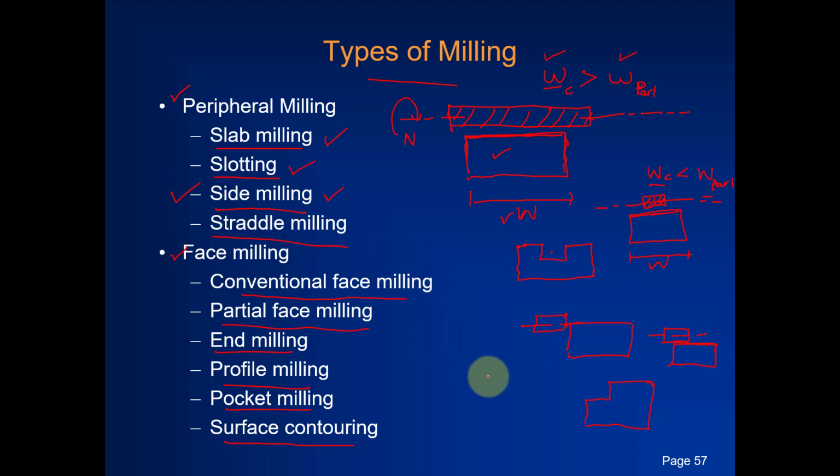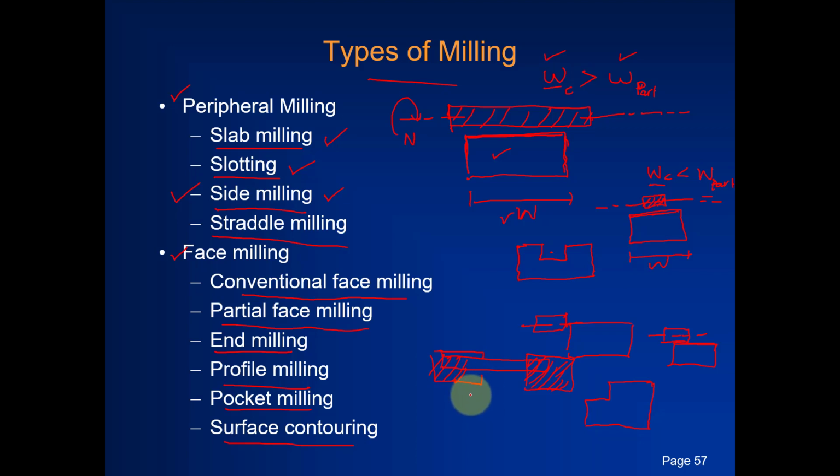Now straddle milling. Straddle milling is that you have a shaft that contains two cutters. For example, this is a cutter and this is a cutter. All these figures are coming in the next slide, but I want you to have a clear understanding before going to that slide.